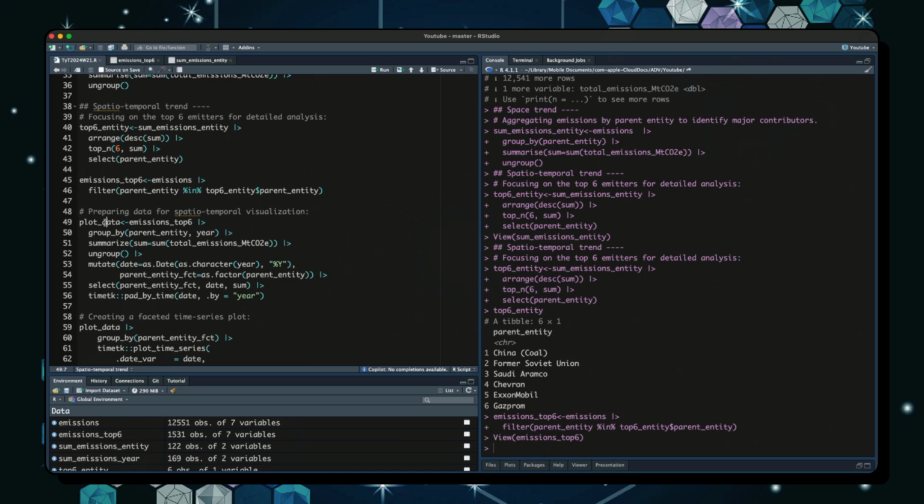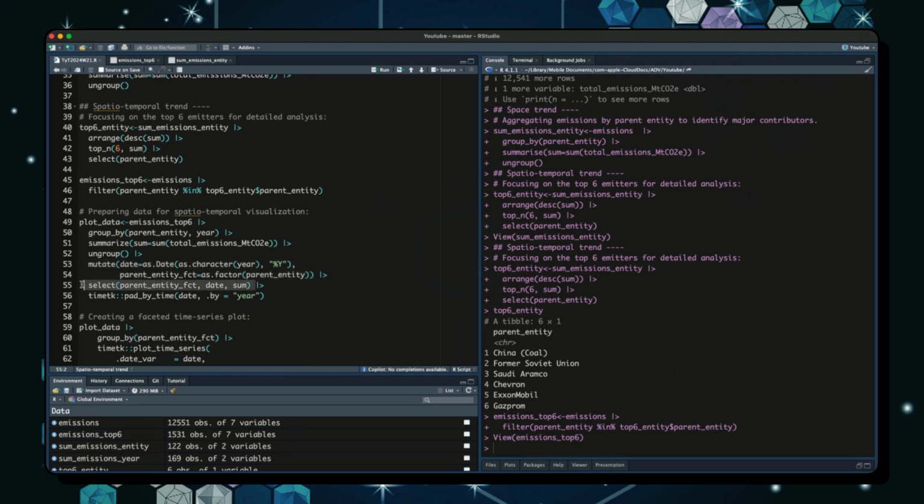And if we look at that with a plot, we take our dataset that contains only the top 6, group it by parent entity and by year because we want a spatio-temporal trend. We do exactly what we did for the 2 steps before, which is apply the sum on the total emission, because that's what we want to see. Here we have some variable types that we need to take care of. We need year as a date and parent entity as a factor.